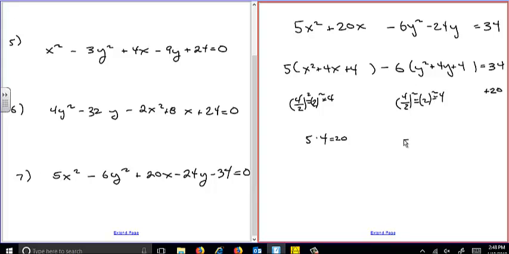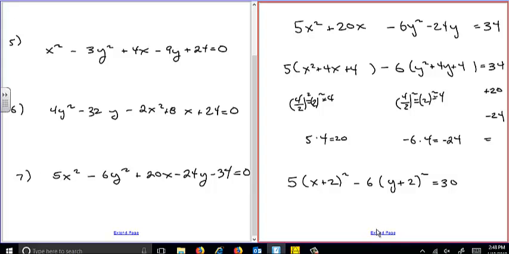But we're really subtracting 24. So subtract 24. And if you do that, you'll get 30 here. So the final, not the final, almost final, you get 5 times x plus 2 squared minus 6 times y plus 2 squared is equal to 30.